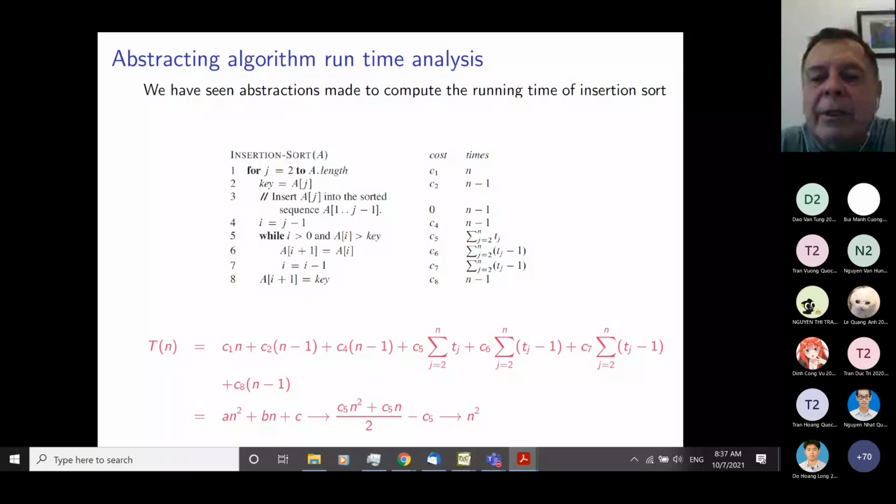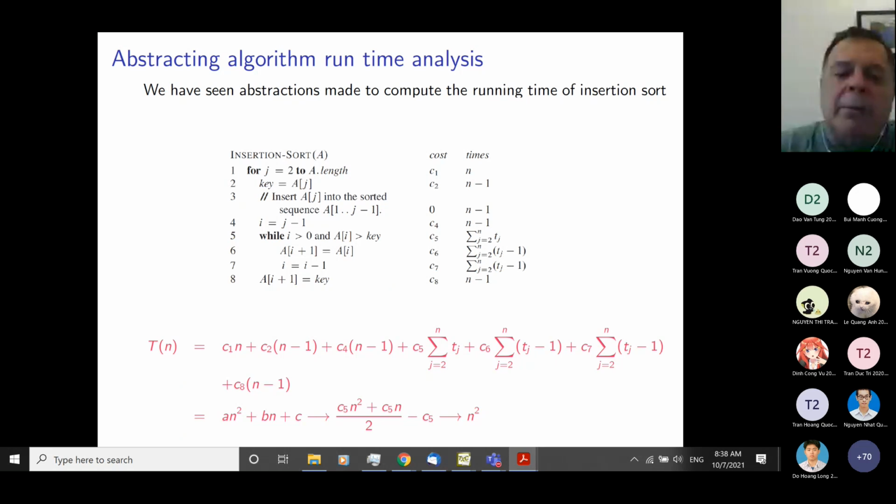So we are going to do this when we analyze the running time of algorithms. We are always going to use this approach. Okay. We first select the instruction that is executed the most often, and then we count how many times it is executed. We come up with some polynomial that describes this running time, and then we remove everything in the polynomial except the expression that represents the dominant term.